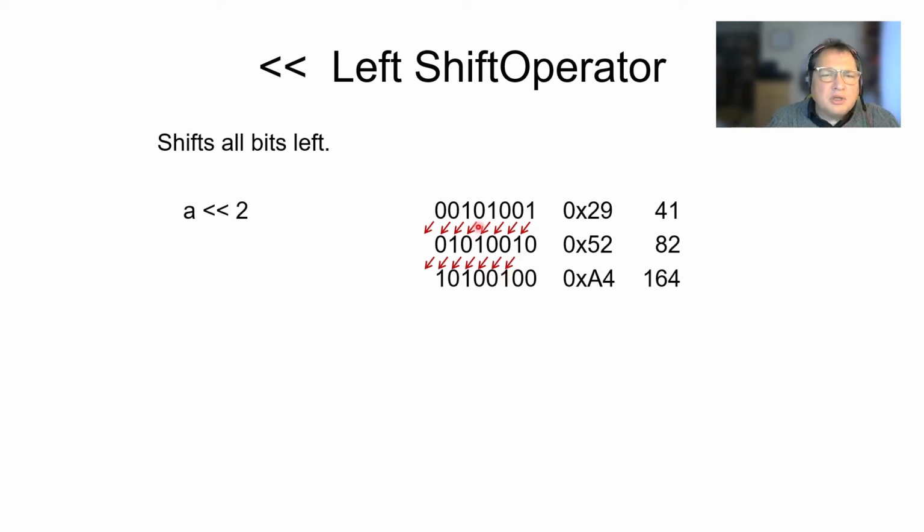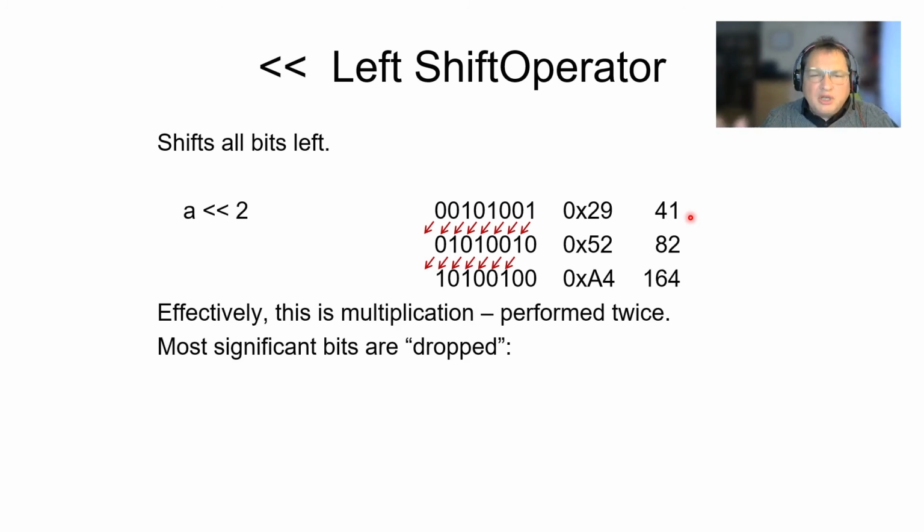All right, so it creates this number here. I provided here additionally a hexadecimal representation and decimal representation of this operation. So from a number 41, after the first shift we get 82, and after the second shift we get 164.